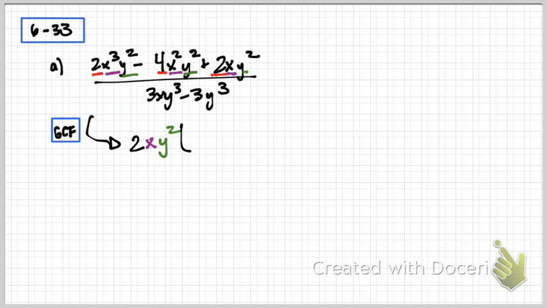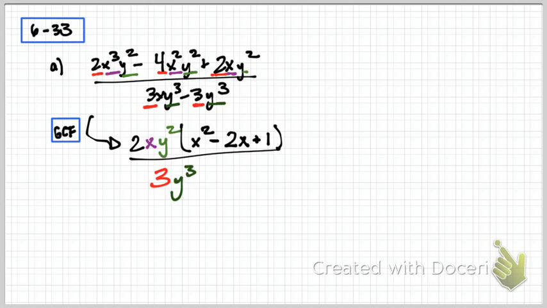We'll have x squared minus 2x plus 1. Let's go to the bottom and do the same thing. Pull out your 3. We can't pull out an x, but we can pull out a y cubed. So we'll pull out 3y cubed, and what we have left is x minus 1.